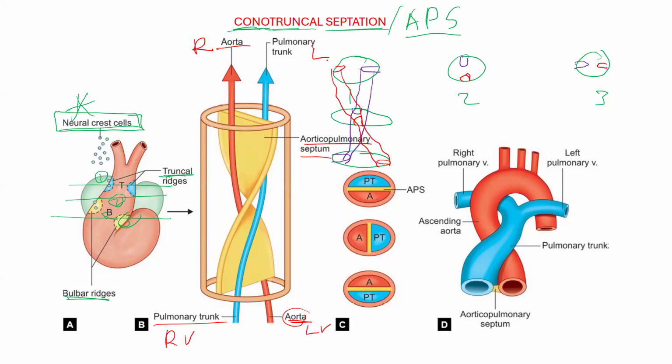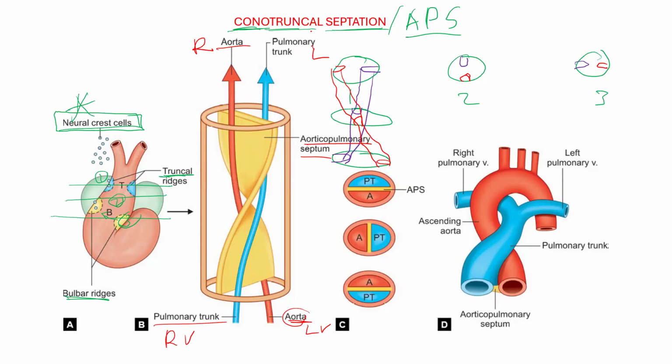What is happening? Because of this spiral aorticopulmonary septation. So conotruncal septation occurs in a spiral fashion. That is key, because now I think this is the final stretch.